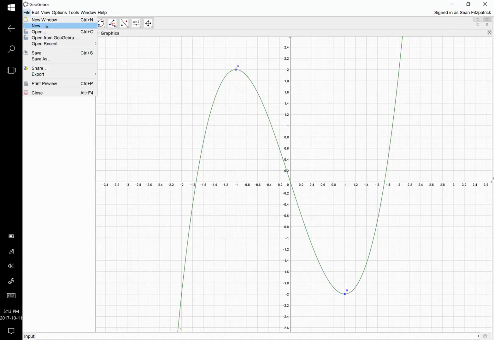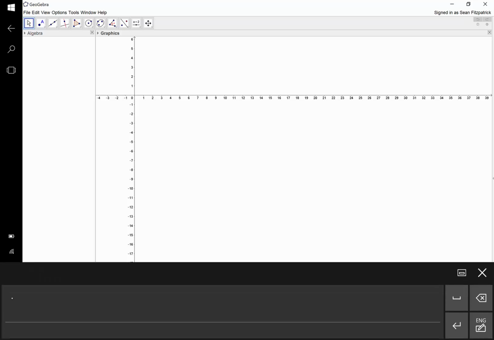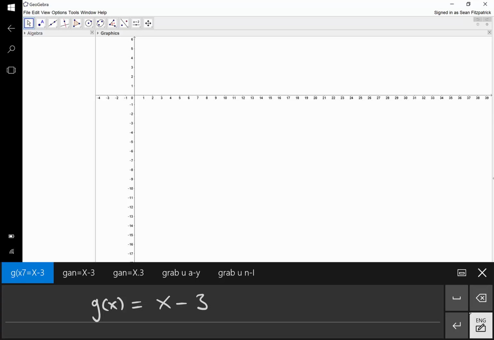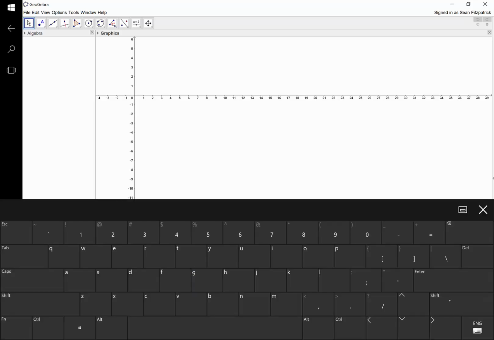Okay, let's get a new file going here, and let's say I go with g of x equals x minus 3x to the 1 over 3.